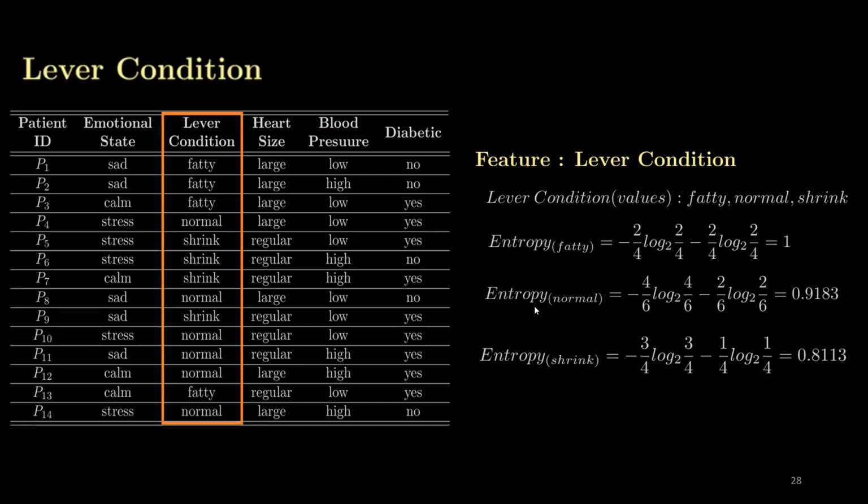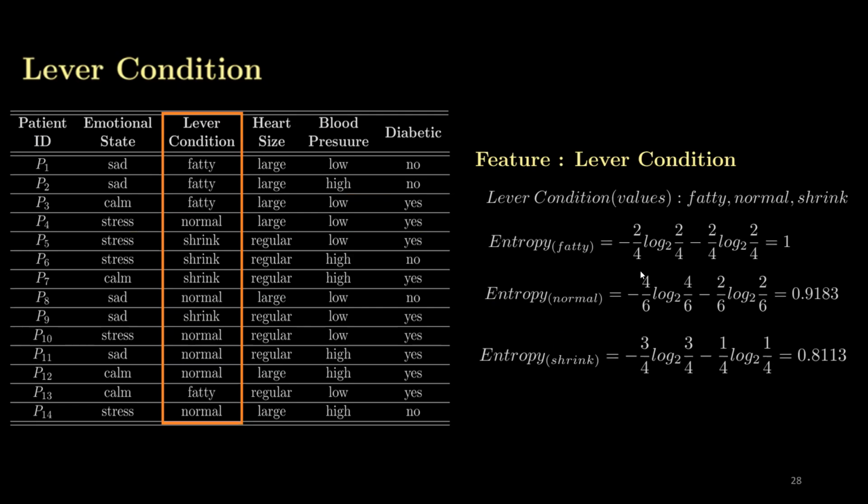Similarly, we can calculate the entropy of a normal liver value. It appears 6 times, out of which 4 times it appears with class yes and 2 times with class no. We can count how many times normal appears: 1, 2, 3, 4, 5, 6. How many times does it appear with the label yes? 1, 2, 3, and 4.